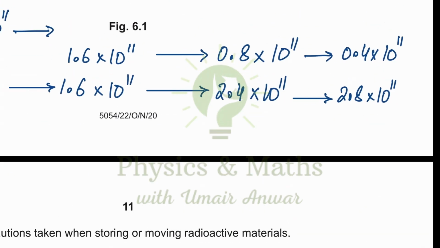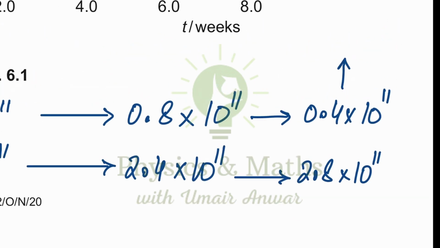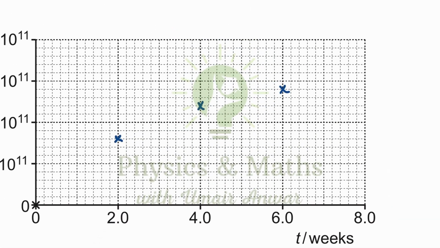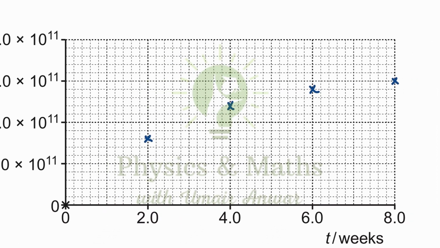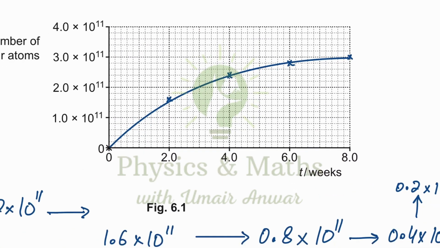And after 8 weeks, phosphorus would further decrease and become half, so it becomes 0.2 × 10^11, and sulfur would increase by the same quantity, so it would become 3.0 × 10^11. So for sulfur, after 8 weeks the point would be marked at 3.0 × 10^11. And now connecting all these points, we have to draw a curve. So this would be the curve joining all these points, starting from the origin, connecting all the points till the very last point.